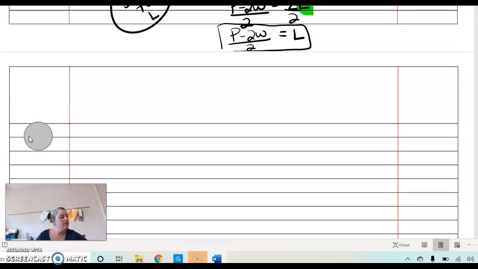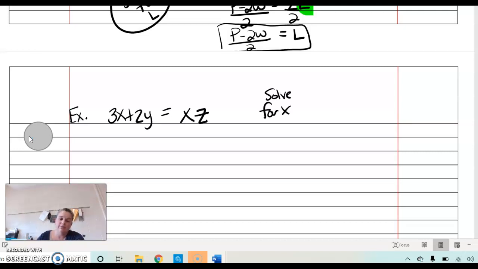All right, we'll try a trickier one. If I gave us 3x plus 2y equals x times z, and I want us to solve for x. Okay, so again, in this case, I hope you notice that you have some x's on both sides.